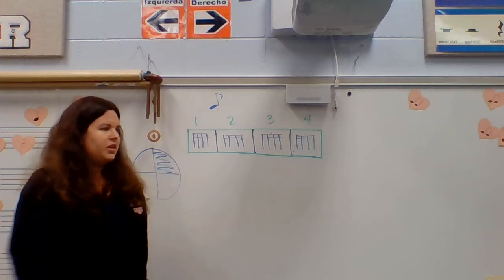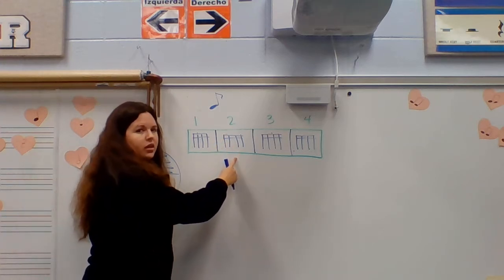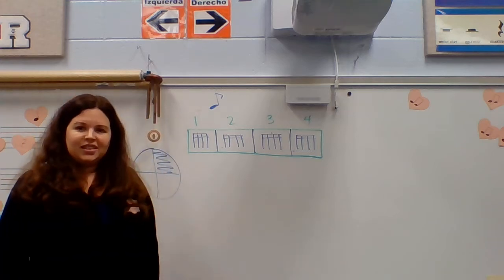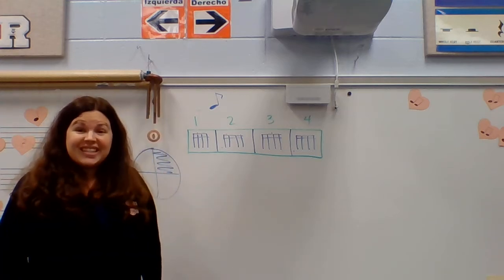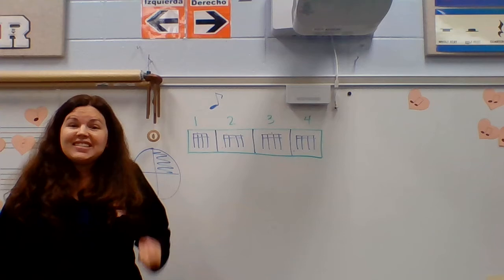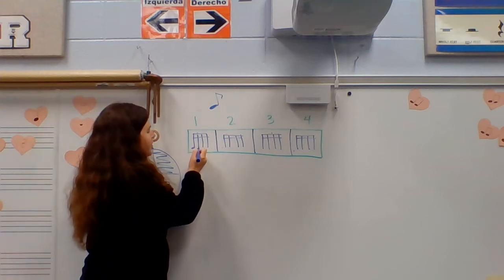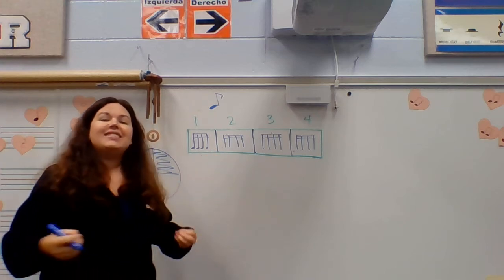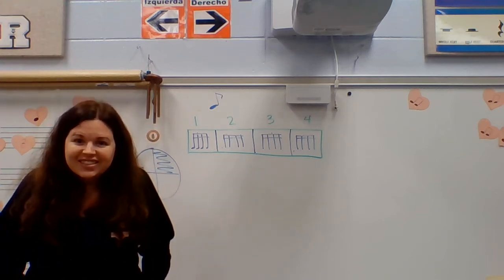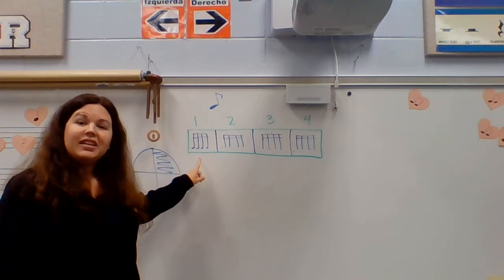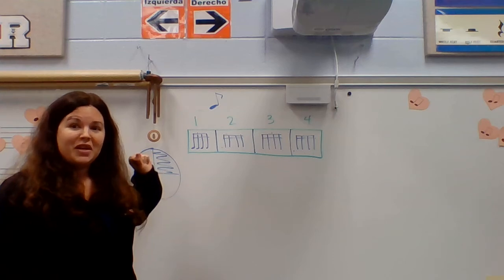How many sounds would that be? 4 plus 4 plus 4 plus 4. That's going to be 16. 16 sounds in my measure. Each one of these sounds is a 16th note. We have 4 16th notes in that beat.